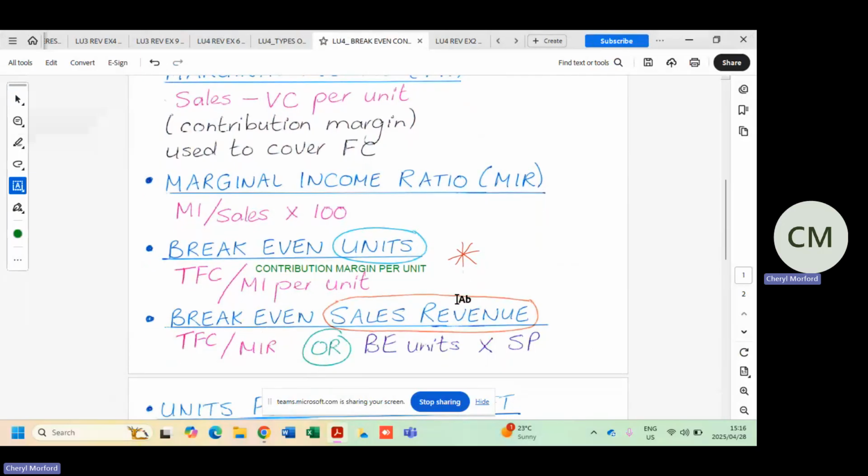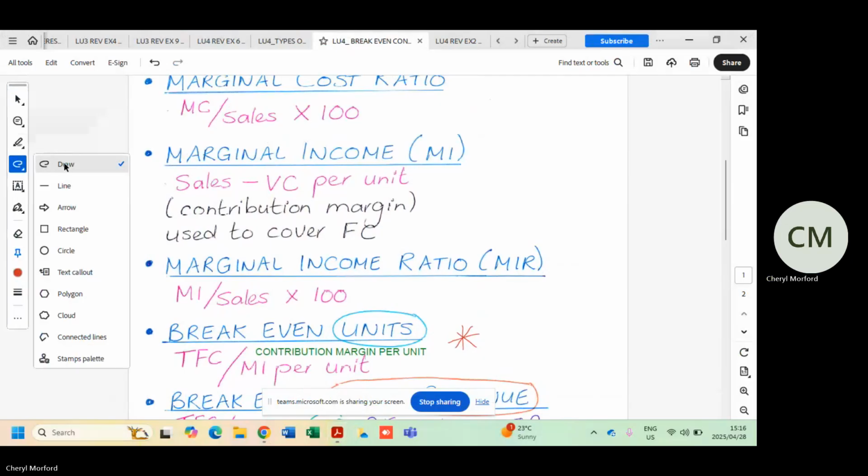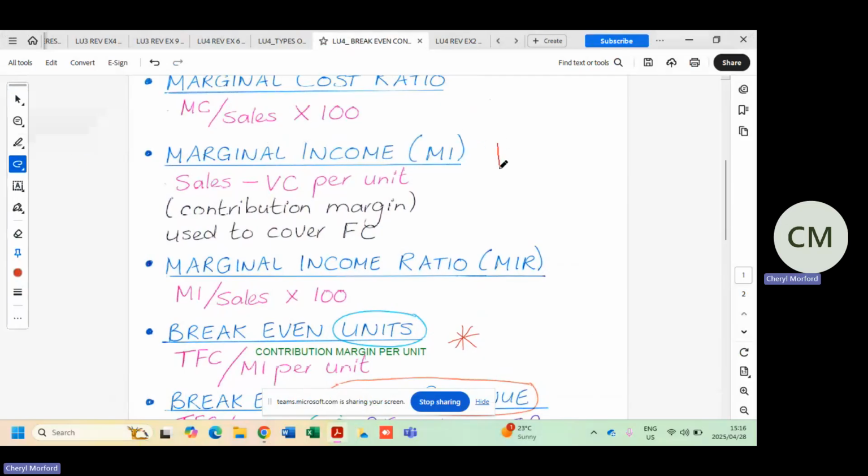Okay. How do we calculate that? Over here. Here is my marginal income per unit. So it is the difference between your sales and your variable cost per unit. So that's why I say the first thing you do in a break-even question is you sort your costs into those that are fixed and those that are variable.